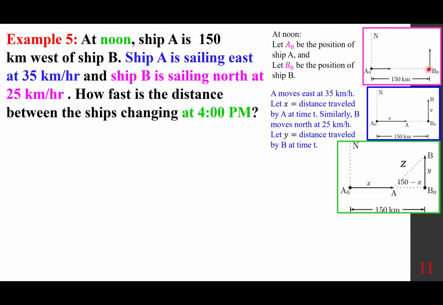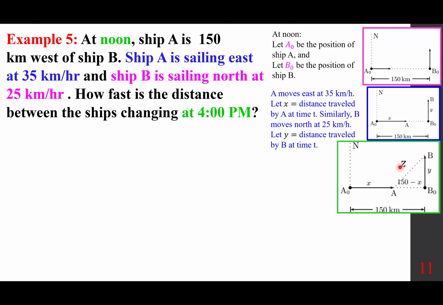Total is 150 from here to here. x amount is covered. What is left here? We are going to call this 150 minus x because the entire distance is 150. We're going to call this distance B0 y, and this distance, we're going to call it z. So you are defining your variables.